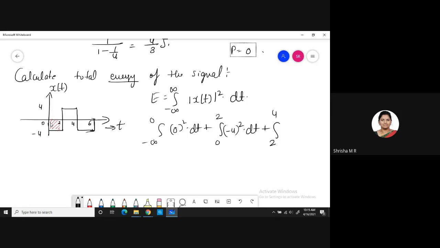What is the amplitude? 4. So 4 square into dt plus 4 to 6. What is the amplitude? -4. -4 whole square into dt. Now try solving this and tell me how much is the energy.